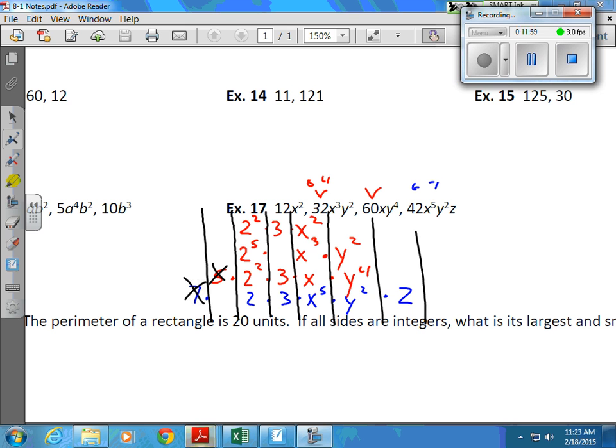They don't all have a 5. They don't all have a 3. They don't all have a y or a z. So they do all have 2's, and they do all have x's. So you have to find the smallest exponent of that row. So it's just 2.